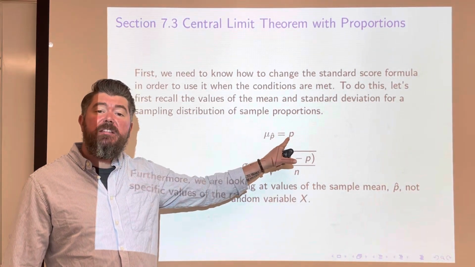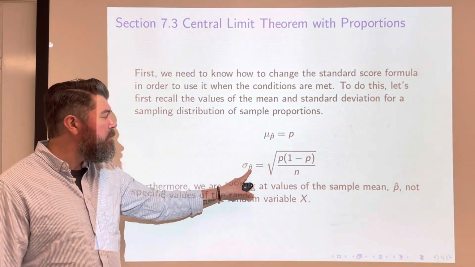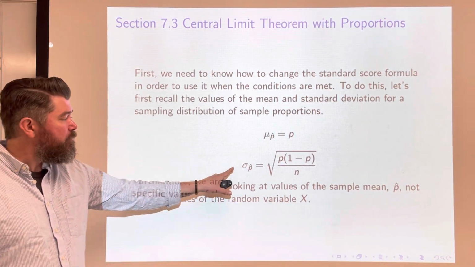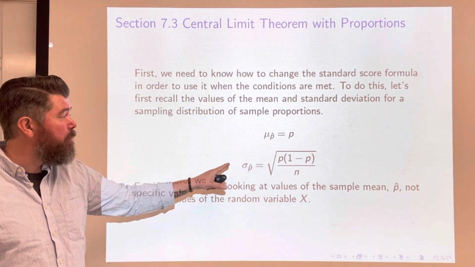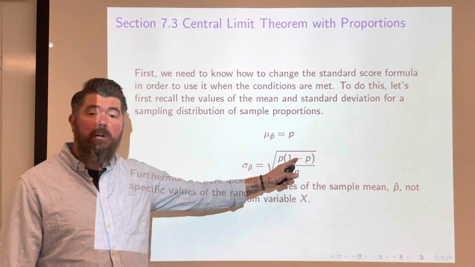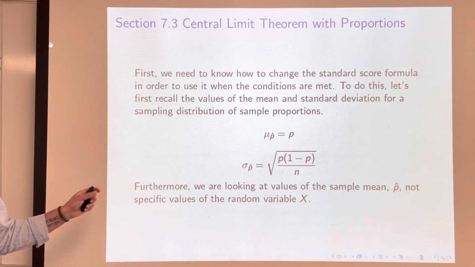We can think of this as our binomial probability. And sigma of p hat, the standard deviation of the distribution of sample proportions, is given by this nasty square root: the square root of p times 1 minus p divided by n.